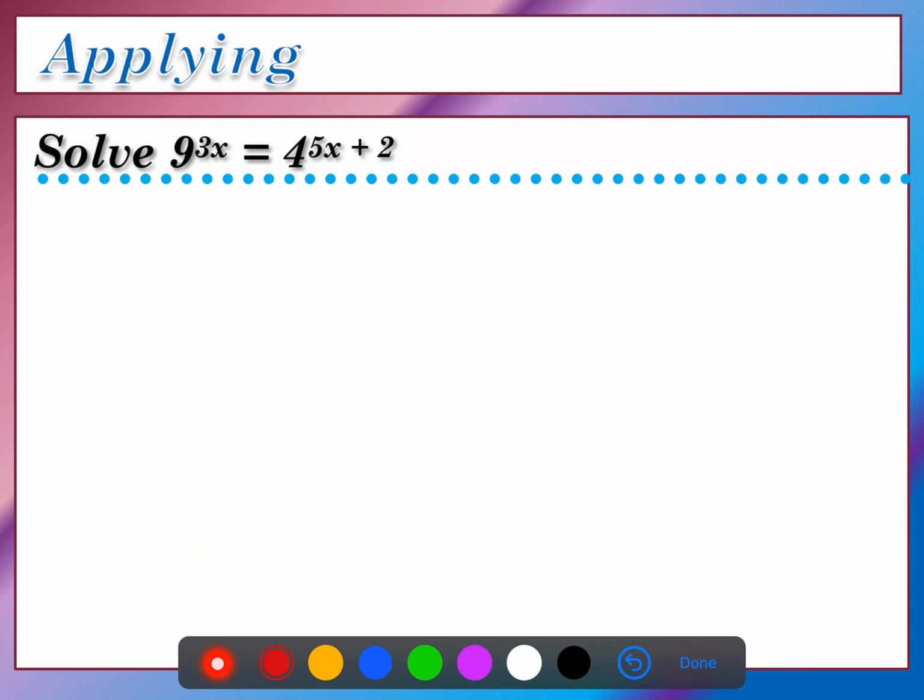All right, so now I have an exponent on both sides, okay? And not only are they on both sides, the one on the right is a binomial, okay? So this is probably the hardest type of example that you're going to encounter, all right? So we're going to take common log of both sides.